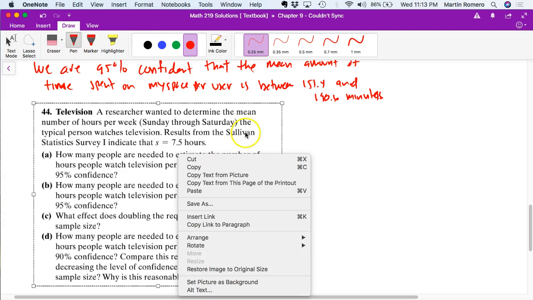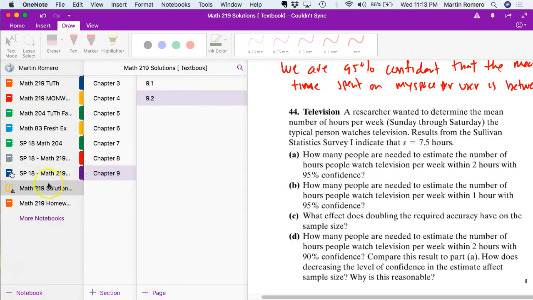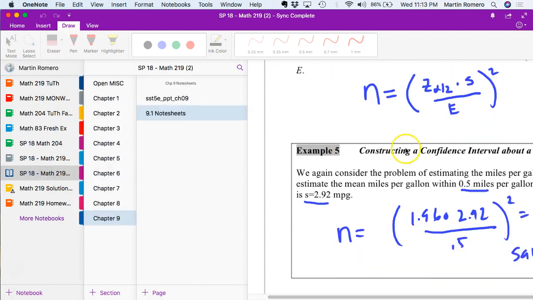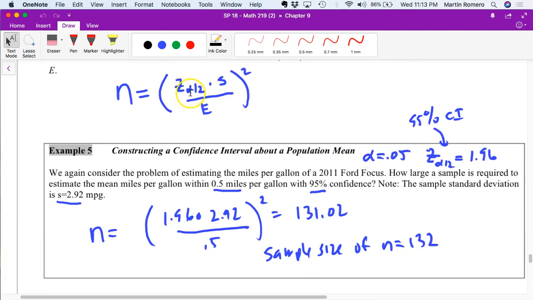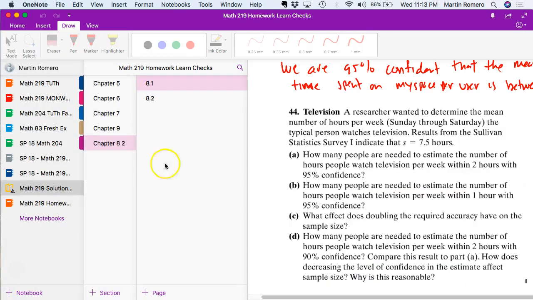And so in this case, to calculate sample size, n is equal to, what was that formula again? Let's pull it up. There it is.